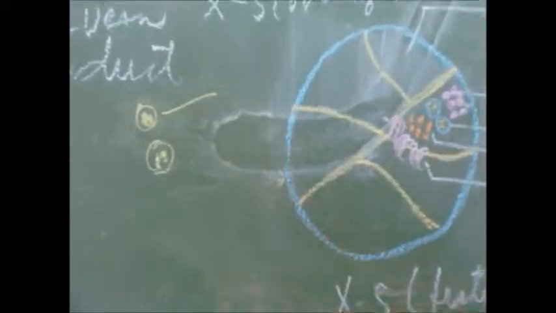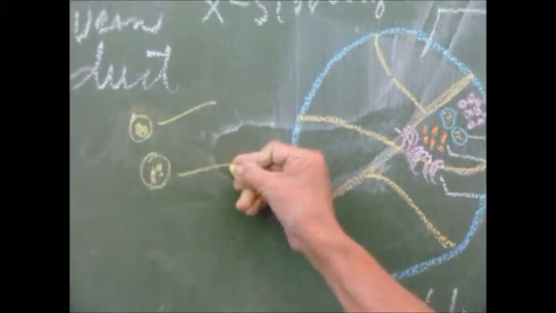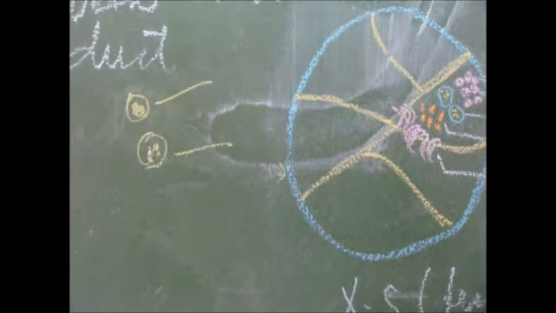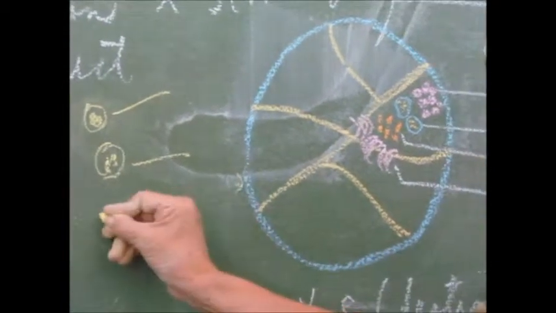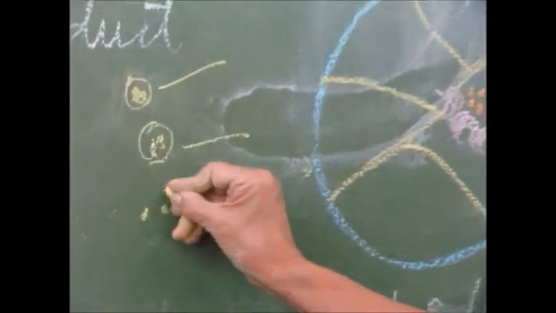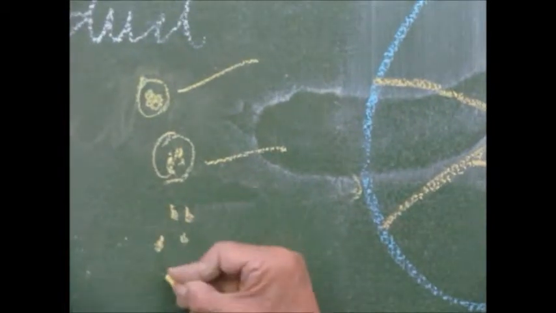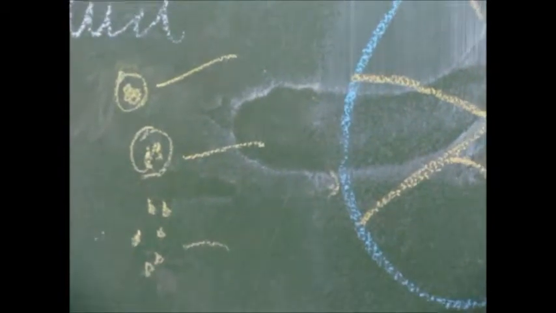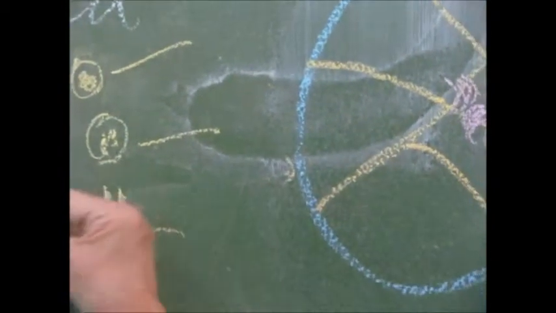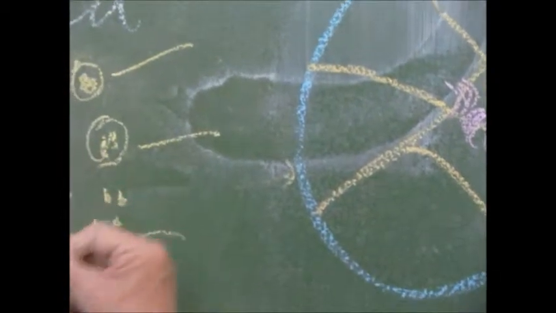This is the spermatogonium. This is the spermatocyte. Okay. Now, then you find much smaller cells, and these are the spermatids. And hair-like structures in the center, these are the spermatozoa.